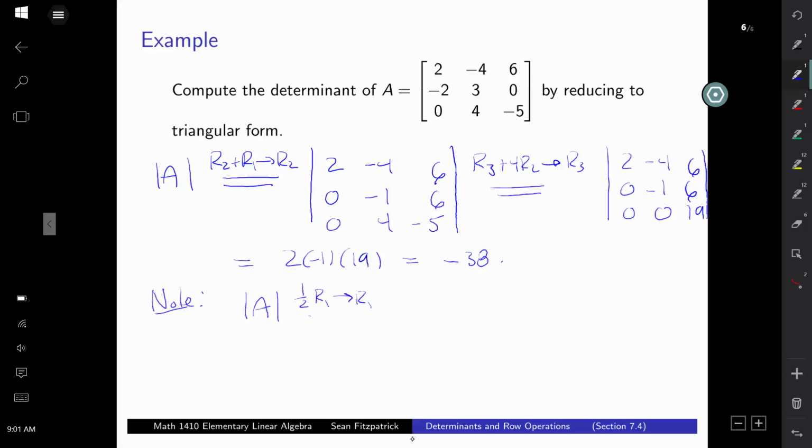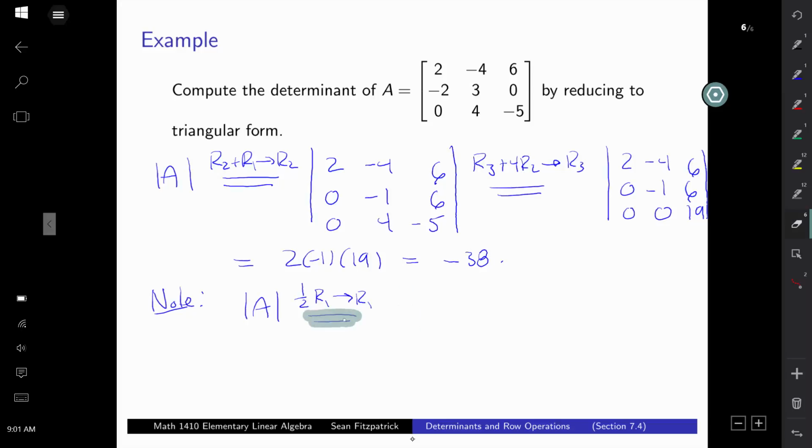So if I did that row operation, when I multiply by 1/2, I multiply the determinant by 1/2, and so you think, oh, I put a 1/2 out front, right? Ah, no.